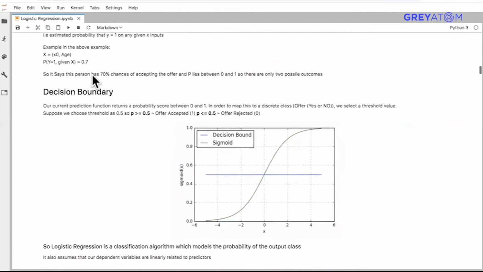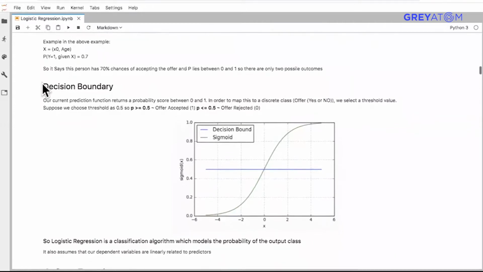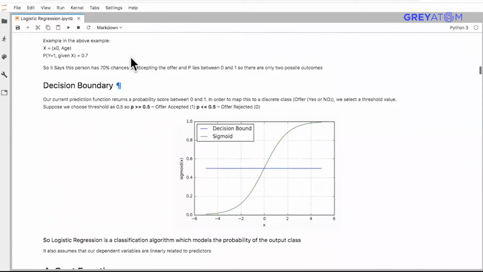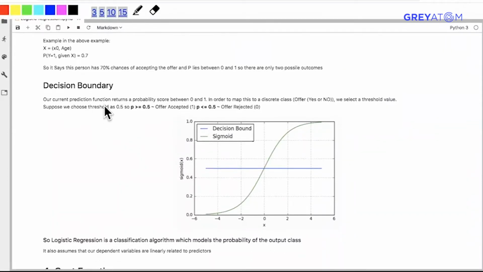There's a concept called decision boundary, or you can also call it a threshold, which helps us decide whether this class is 0 or 1 based on some probability value.